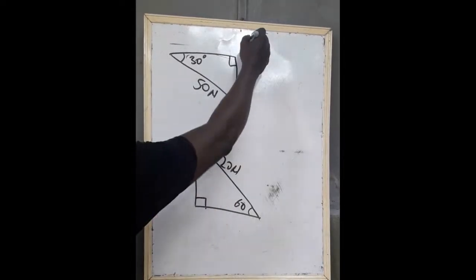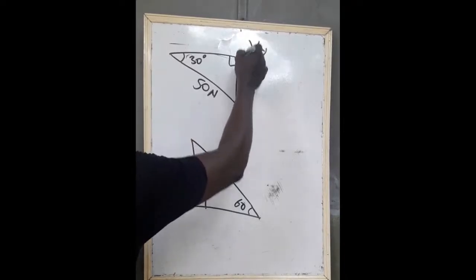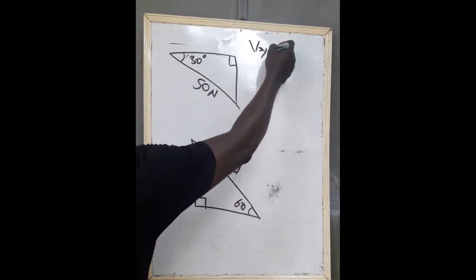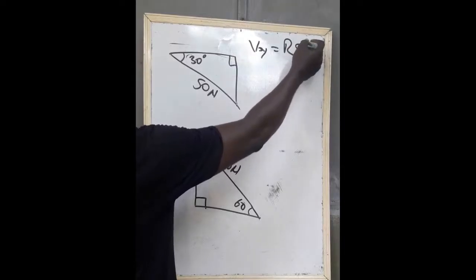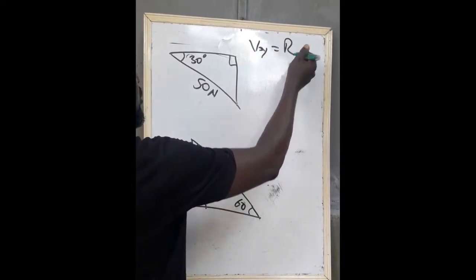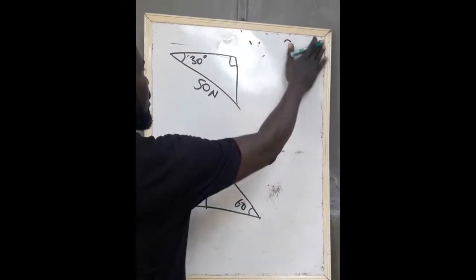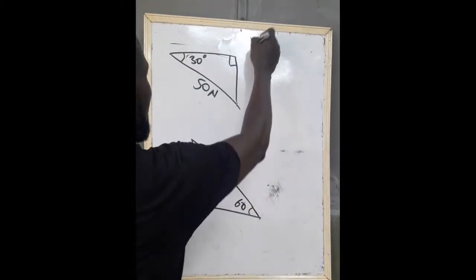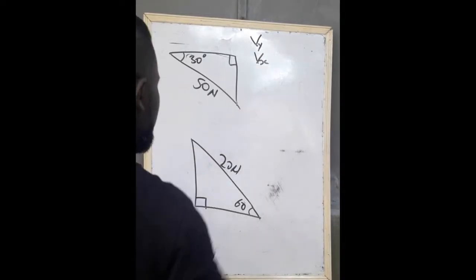We have the vertical component which acts along this axis, and we have the horizontal component Vx.